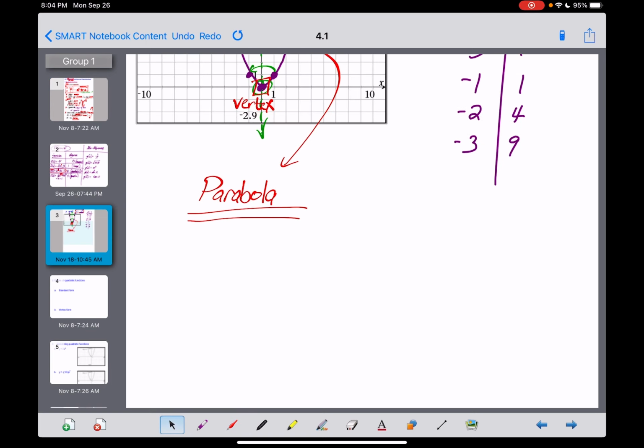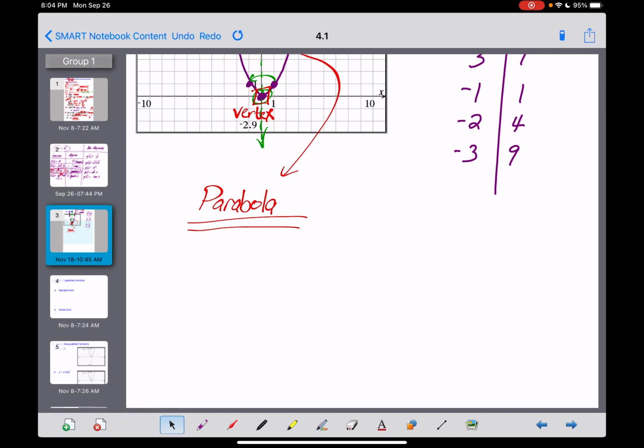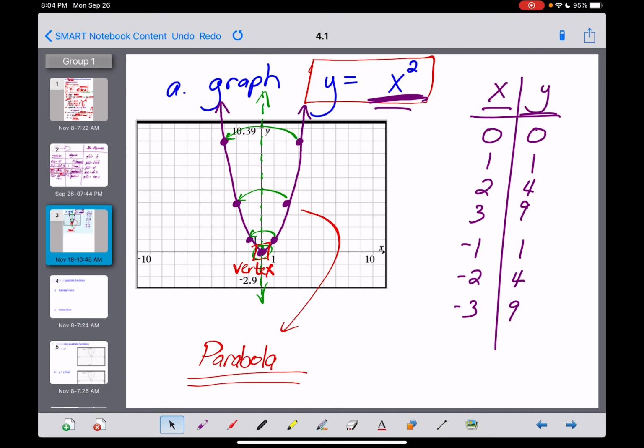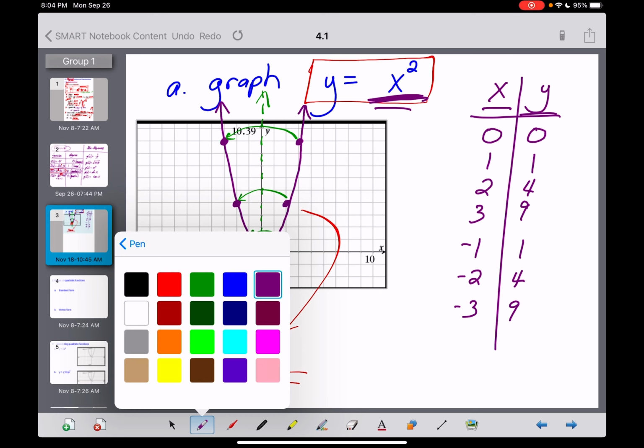So we went ahead and we graphed our first parabola here, and it looked like this. Now, this, everybody, is an important graph, and we want to make sure that we have this one down. This graph is the graph which all other parabola graphs that we're going to come up with are going to be based off of.